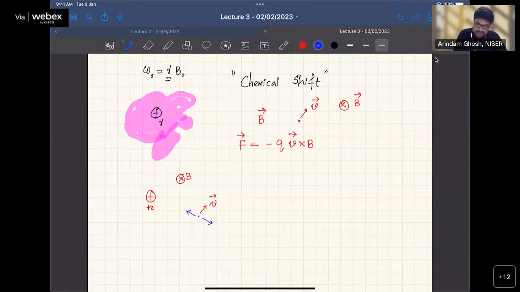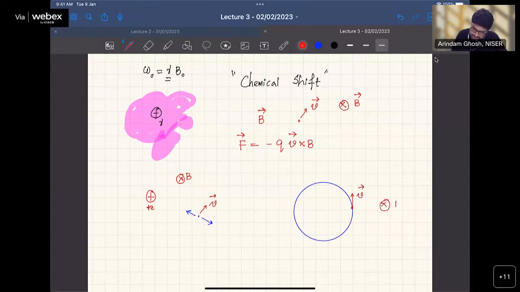It was trying to go in this direction, but there is a force in this direction, so it will actually go in the middle direction. And eventually what will happen is that it will go in a circle. So this is the V that we are talking about.